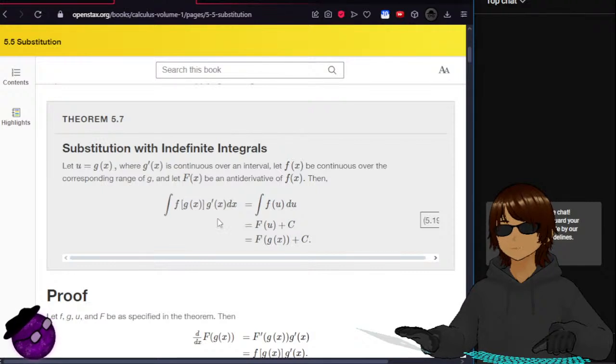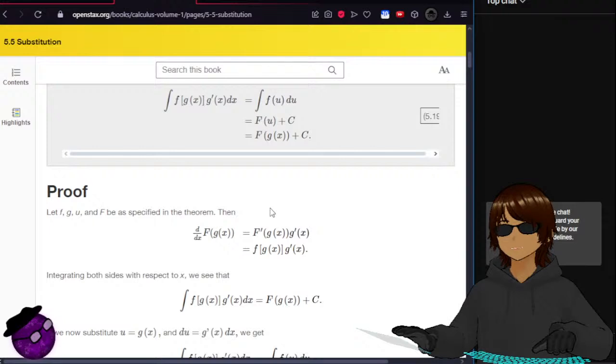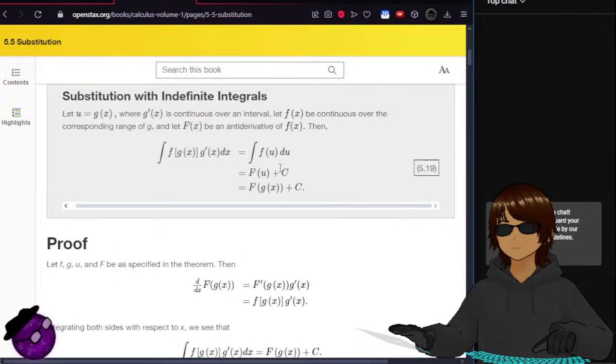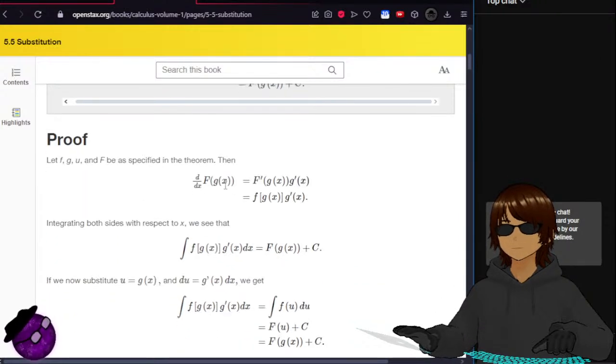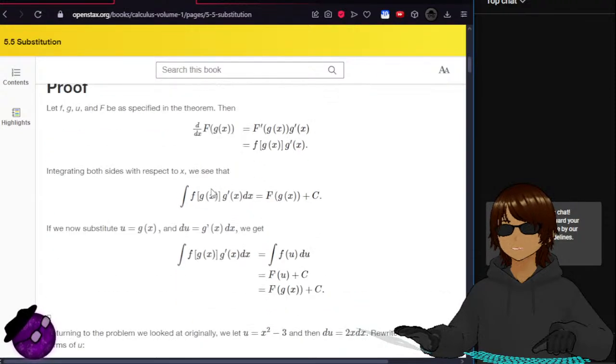Okay, so it's in this form: the integral of f of u du gives the antiderivative plus c. Let's see the proof.